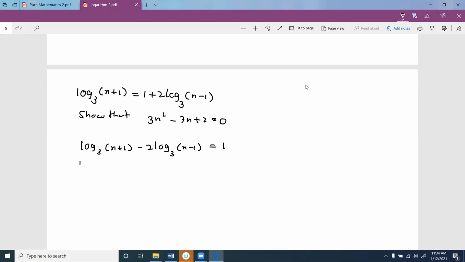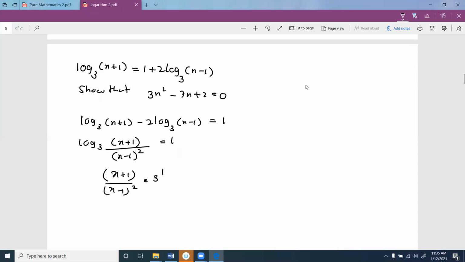Then you can write this as log 3 of (x plus 1), because it's minus, it's a division. You can take this 2 in as a power, (x minus 1) to the power 2, equals 1. I think you can understand how it came. Then you can write (x plus 1) over (x minus 1) squared is equal to 3 to the power 1. Then x plus 1 is equal to 3 times (x minus 1) squared.